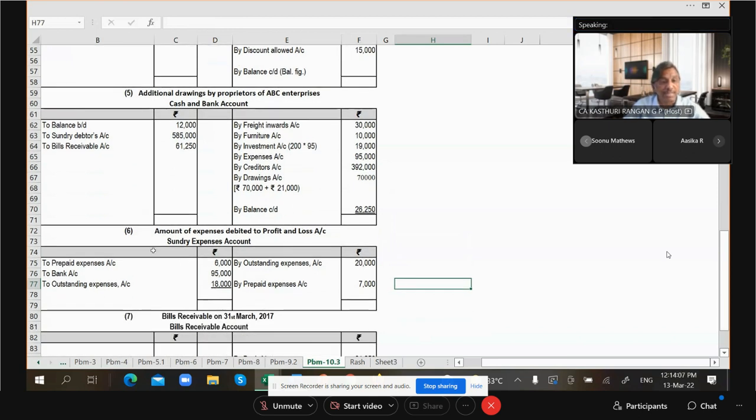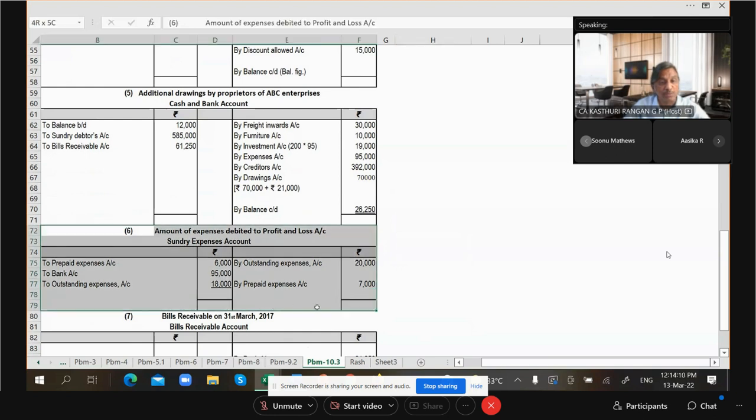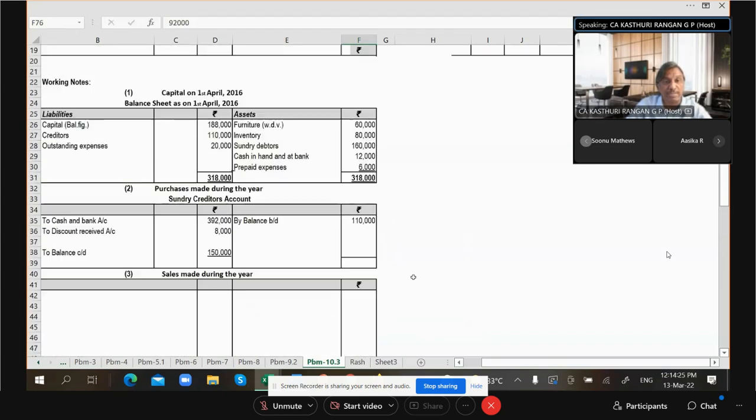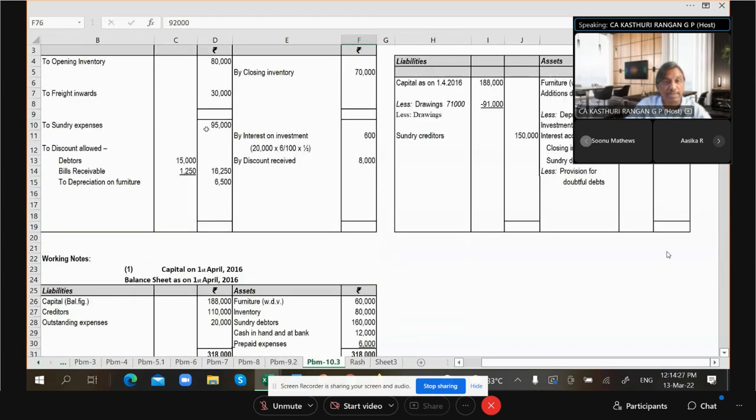So therefore, from the sundry expense account, you can find what is the expense to be taken to P&L. So the balance figure is 92. That's what is put there. Actual expense paid is 95, but expense to be taken to P&L is 92. That is why it is put as 92 here. It's correct only, friends. Not 95, it's 92 only.